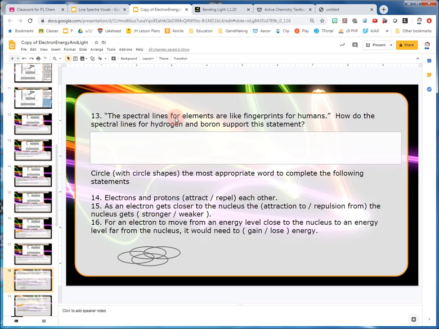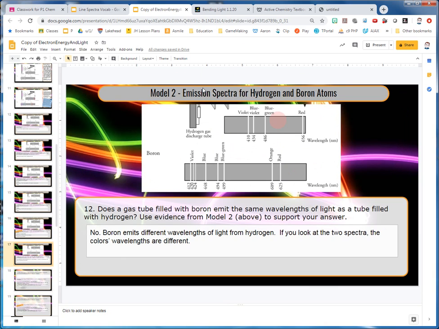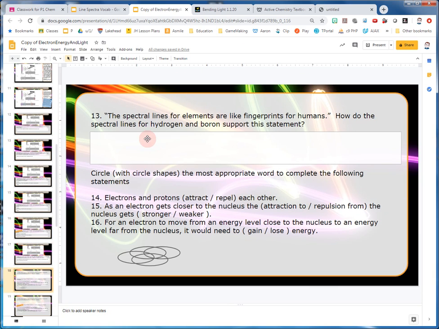The spectral lines for elements are like fingerprints for humans. How do the spectral lines for hydrogen and boron support this statement? So you're going to use this as evidence for your answer here.